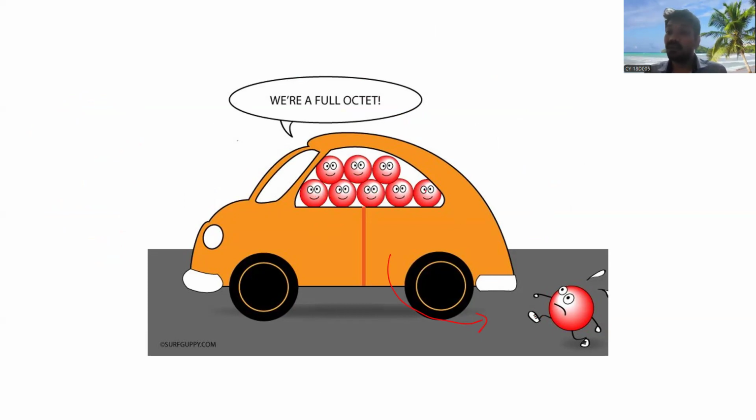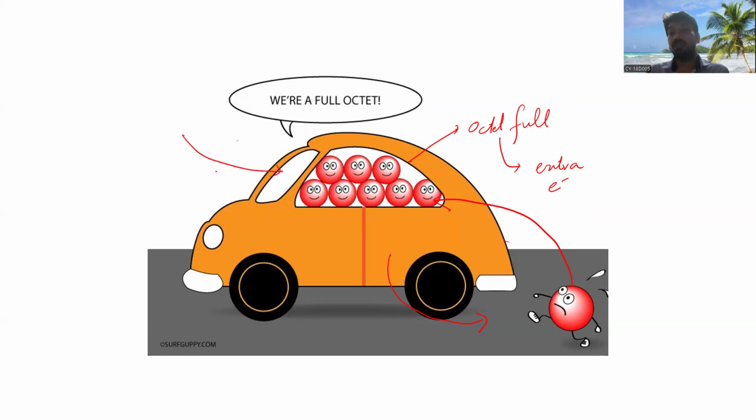Once there is a space for 1 electron, that electron can enter inside so that the octet will be full. Once the octet is full, they are not going to gain an extra electron. If the octet is not full, they are going to get 1 electron or 2 electrons as per their need to complete the octet. So this is the basic representation showing the octet rule.